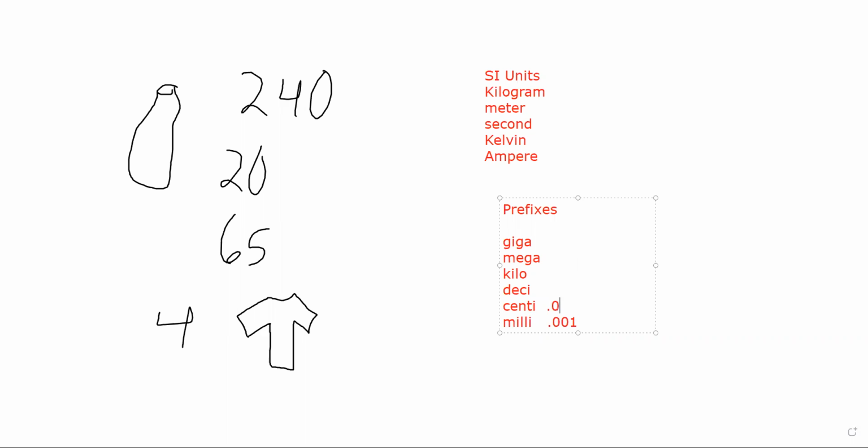Centi is gonna be 0.01. Deci is 0.1. I should line those up. Kilo is 1,000. Mega is 1 million. And giga is 1 billion. And I am just going to check those really quick to make sure I'm not spreading misinformation in a review video.